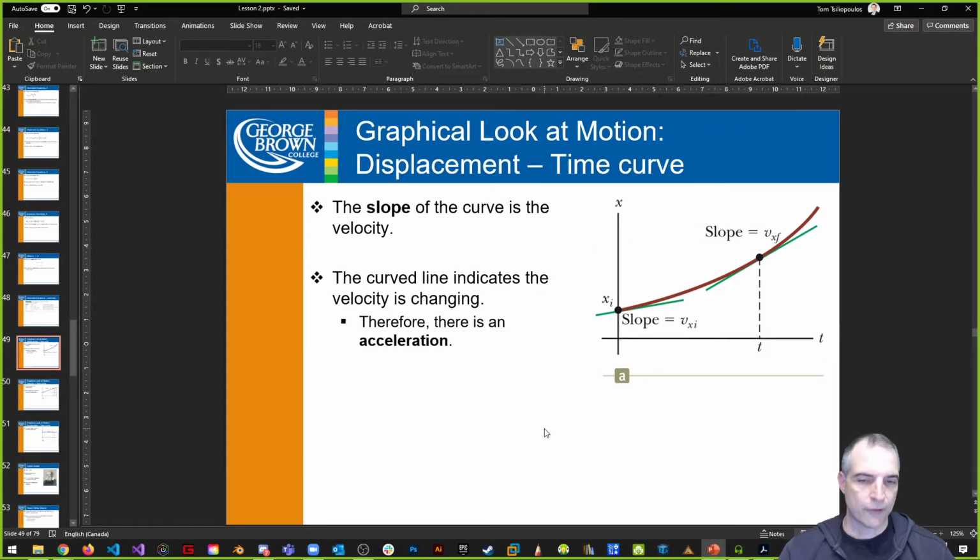So here's a graphical look at motion. A lot of times what we want to look at, and one of the things that I may ask you to do on your assignment, is take a look at the tangent to a slope, or the tangent to a particular curve, right? So here's a tangent to the curve.